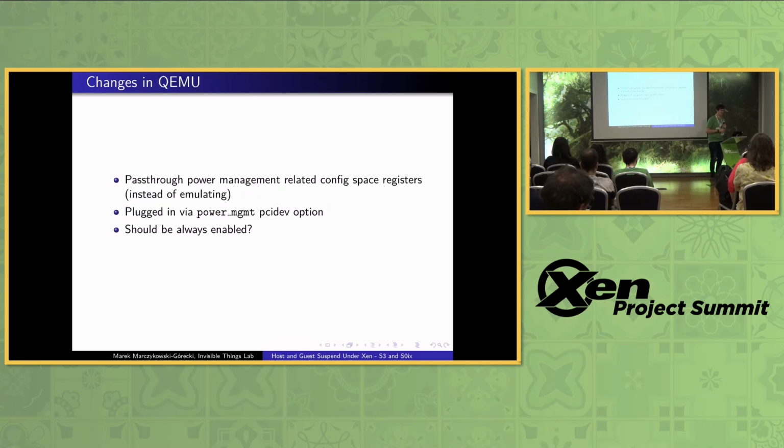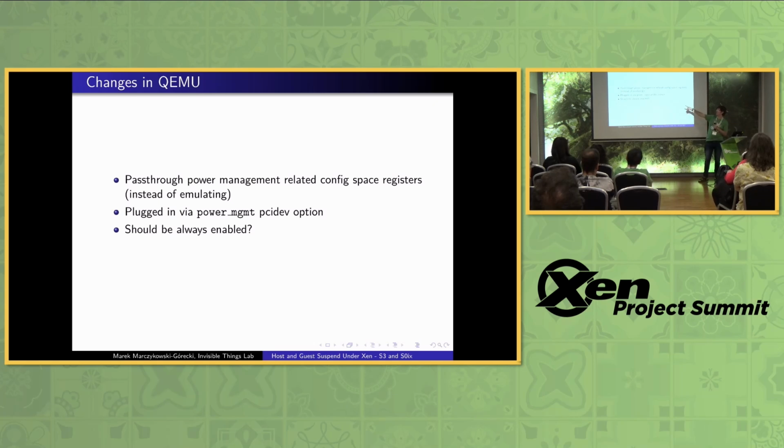There were also some changes in QEMU. First of all, power management related to config space was trapped and emulated in QEMU. So with PCI passthrough, guests couldn't suspend the devices properly. So you may want to look at this patch. It's not upstream yet.